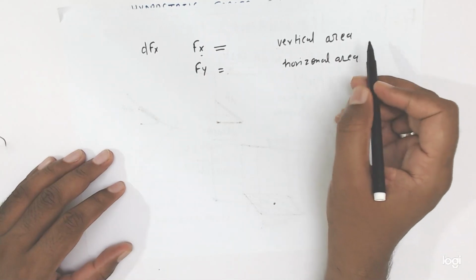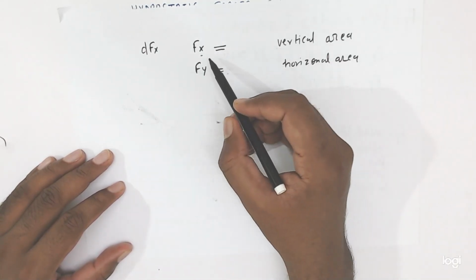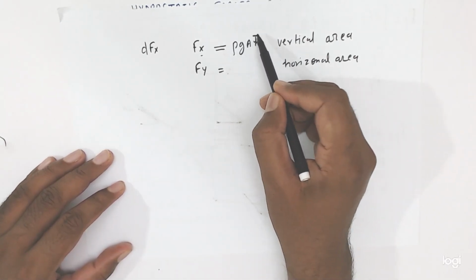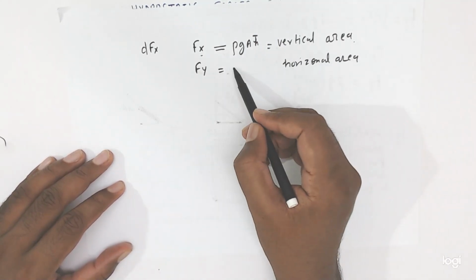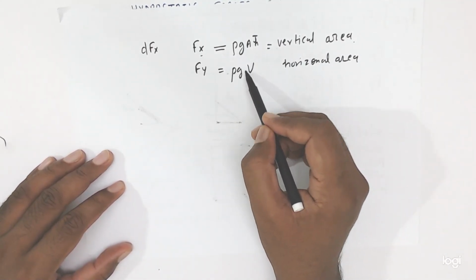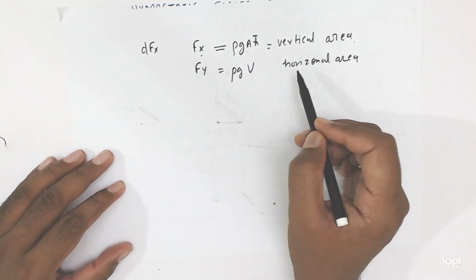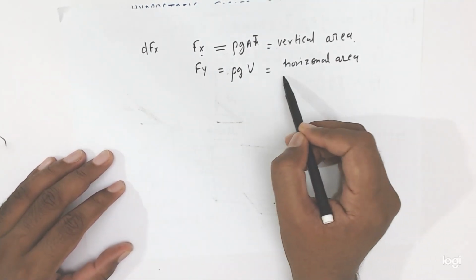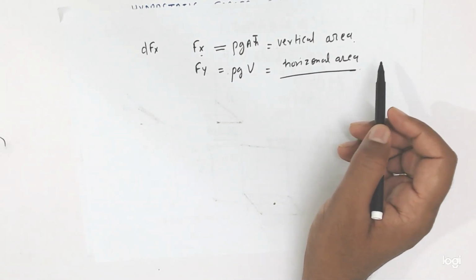This is an important point friends, because it is asked in objective type questions. This horizontal force rho g A h bar working on the vertical surface area, and vertical force is equal to rho g V, V is the volume of the liquid above the surface up to free surface, it is working on the horizontal area. Okay friends, this is the important point.